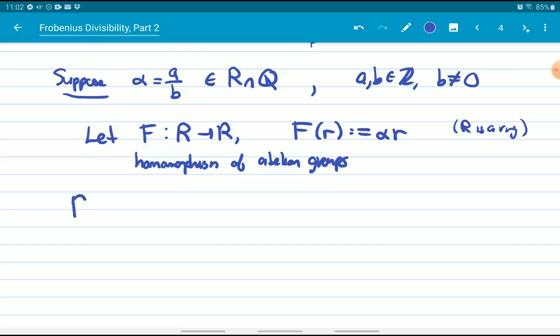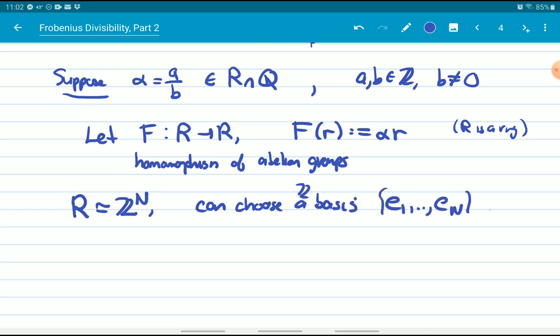Now, R is a free abelian group, so we can choose a Z basis. Basis over the integers. Let's call it e1 up through en of R as an abelian group.